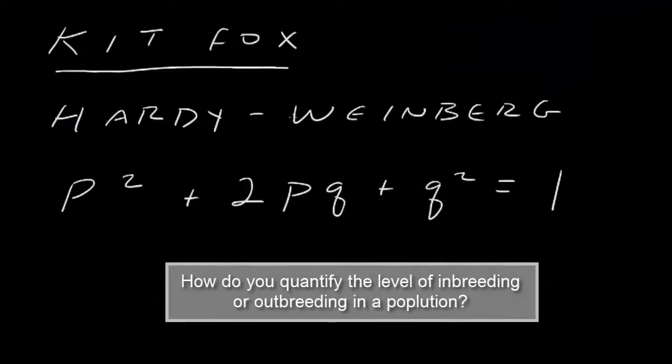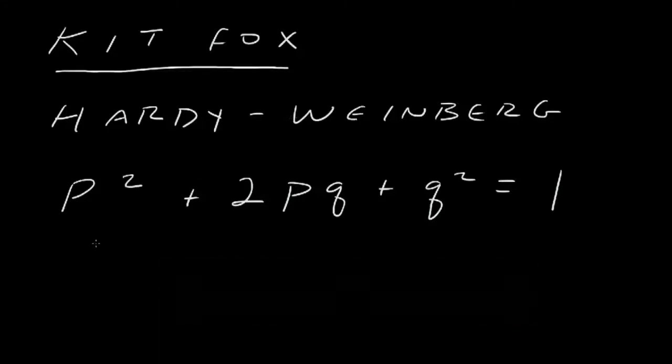Remember that Hardy-Weinberg predicts genotypes at equilibrium using the equation p squared plus 2pq plus q squared equals 1. The terms in this equation represent our three primary genotype frequencies.